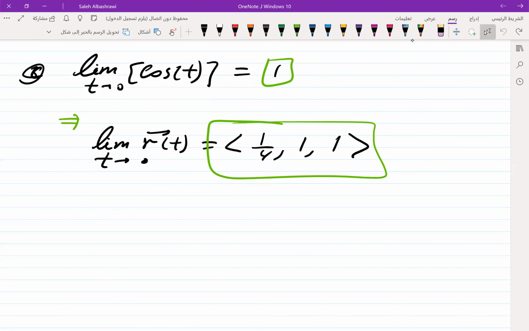So after we are done with the limit, we can speak about the continuity. I will give just the definition for the continuity of a vector function.